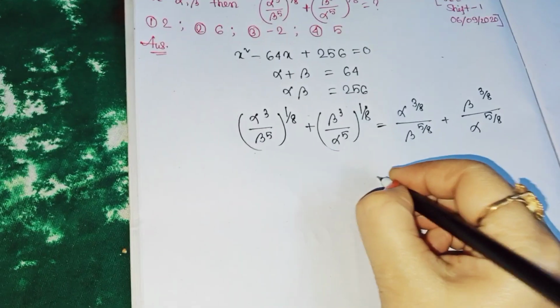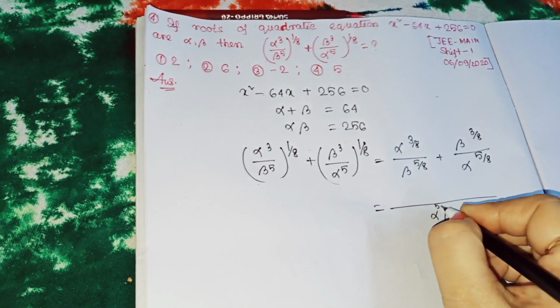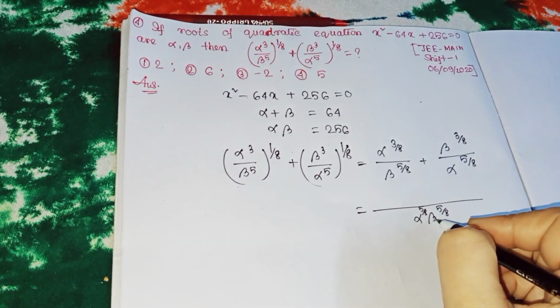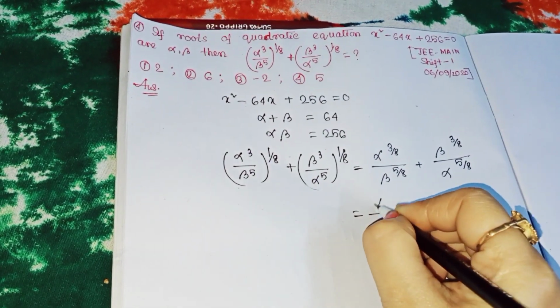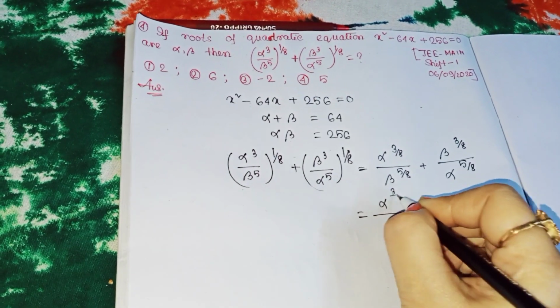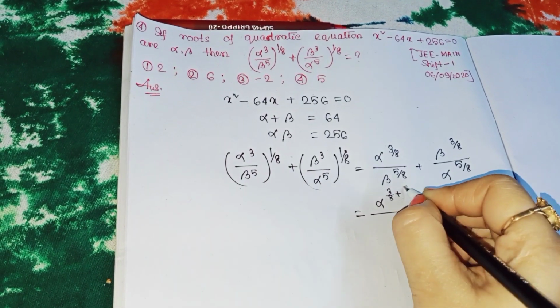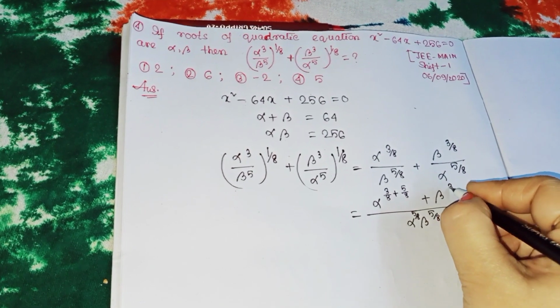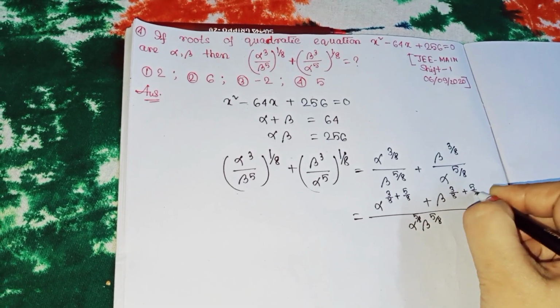Taking the HCF, we get (alpha beta) whole to the power 5 by 8 in the denominator. Here, alpha to the power 3 by 8 into alpha to the power 5 by 8 means plus 5 by 8, and the same for beta, 3 by 8 plus 5 by 8.